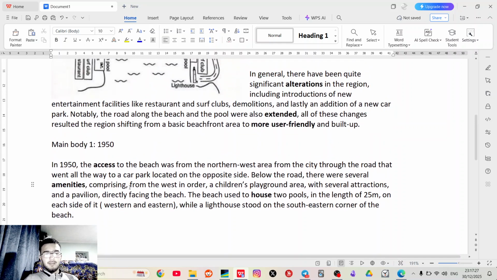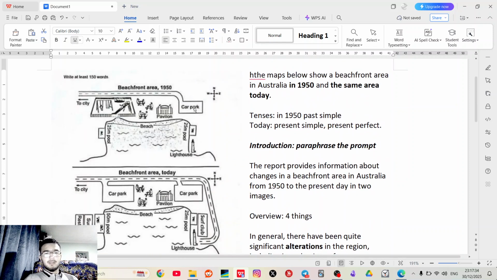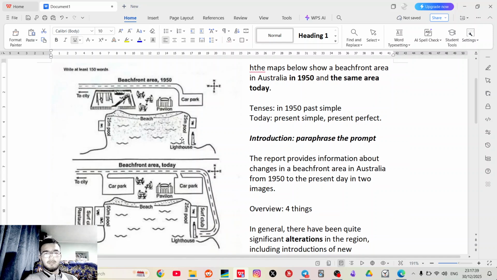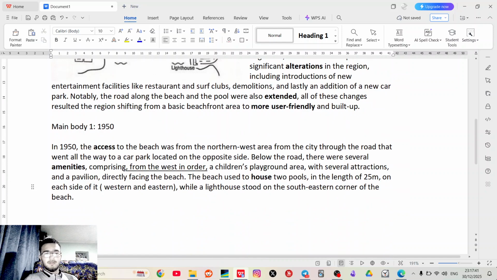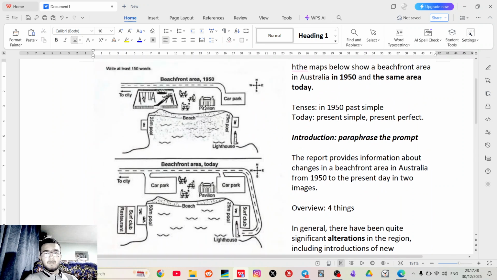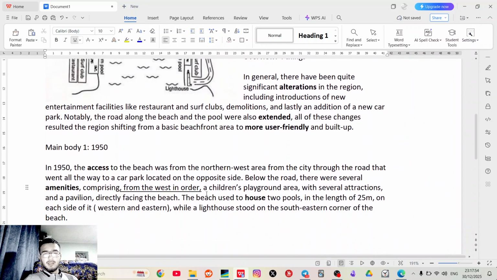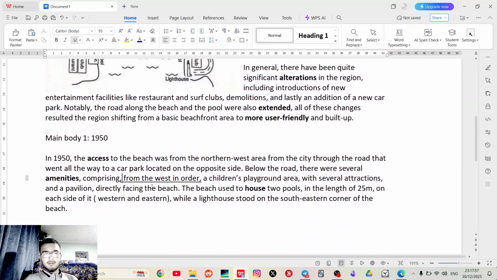So you need to understand why I've written here from the west in order. Firstly we have the children's playground area and then the pavilion, which means that this sentence is helping to adjust the order of the facilities located here.